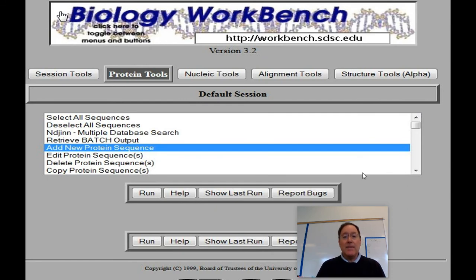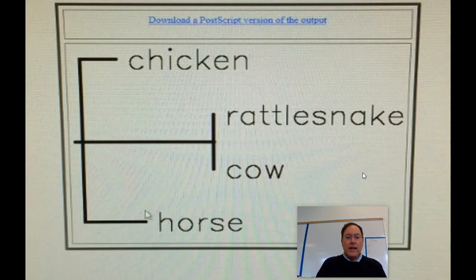This is a government-funded biology workbench, basically a supercomputer, and it will take all of these amino acid sequences, which are governed by genes, put them all together, and tell you how related they are. It will pump out something like this: an evolutionary relationship tree or phylogenetic tree.